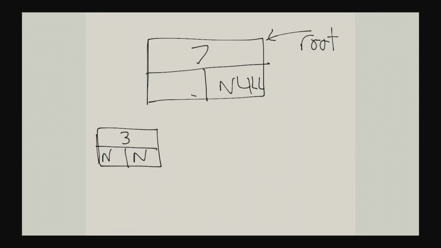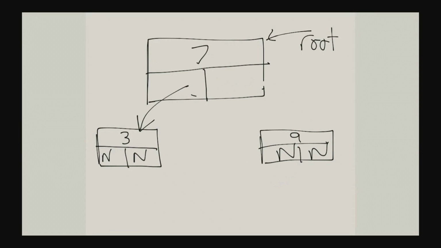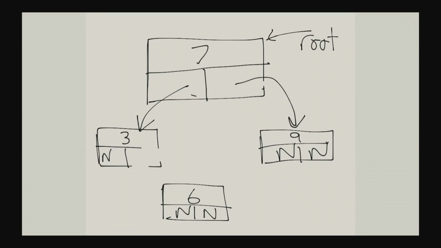So we change this pointer to now point to this guy. And we can do the same. We want a 9 over here, which initially just says null. We're going to change this pointer to point to 9. And now we want to put 6 to the right of 3. So that's going to make a 6. And that guy will point there. OK, so that's all it asks us to do.